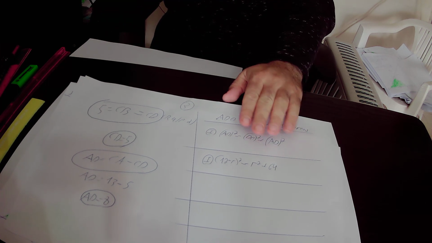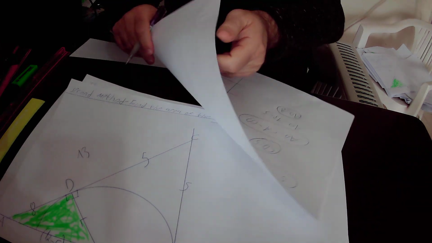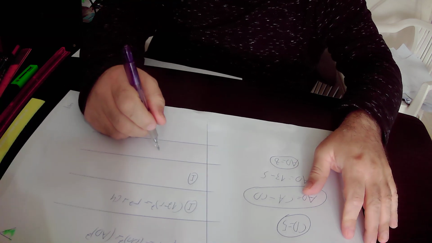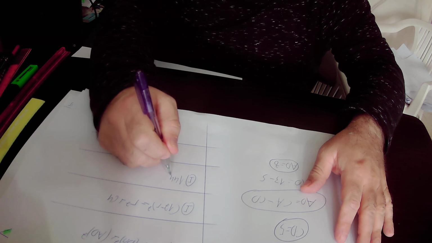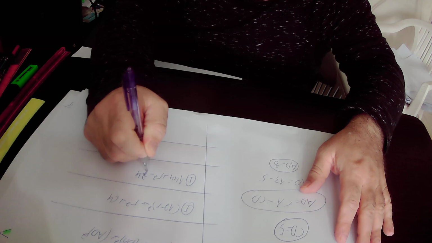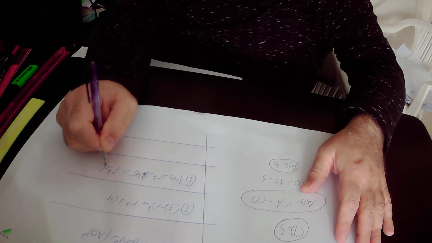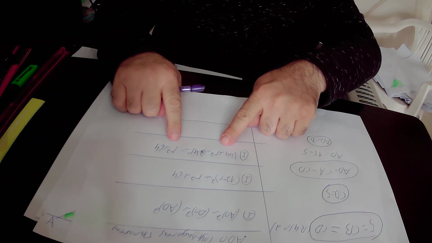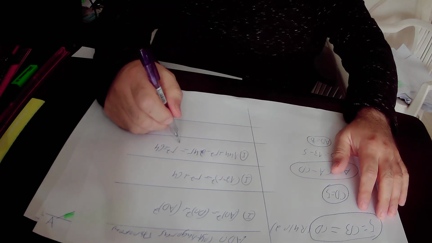Here we will open the brackets on this side of equation number 1 and we will get that (12 minus R) squared is 12 squared, which is 144, plus R squared minus 24R, equals R squared plus 64. So here we have R squared on both sides of equation number 1, so R squared will get cancelled.